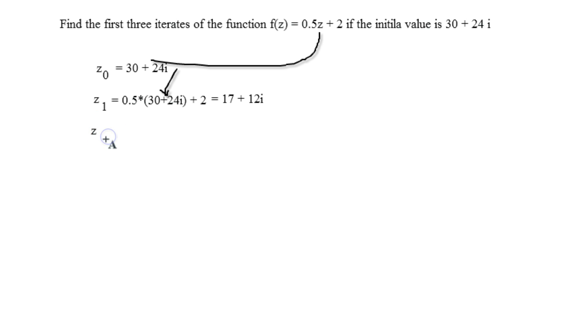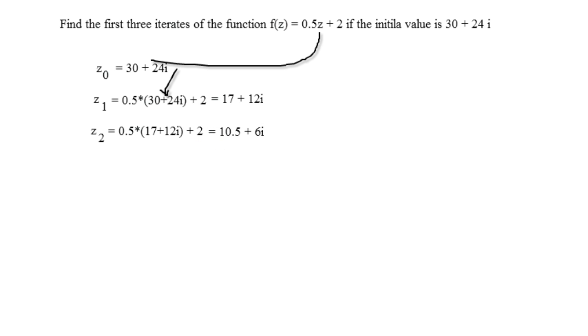For my second iterate, I'm going to take that 17 plus 12i and plug it in. So I'm going to have 0.5 times parentheses 17 plus 12i plus 2. I would simplify that, and I should get 10.5 plus 6i.